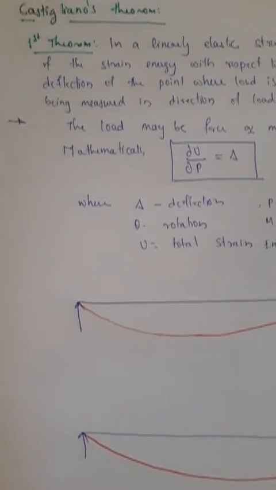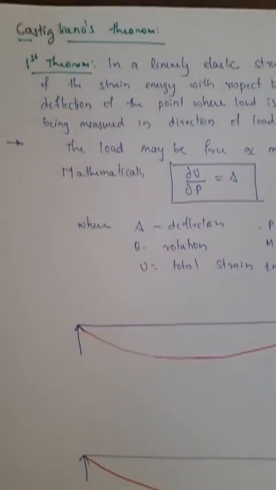This comes under module 4. So far in module 4 we have studied two methods. In energy methods, first you studied the strain energy method, second you studied the unit load method, and the third method is Castigliano's method.